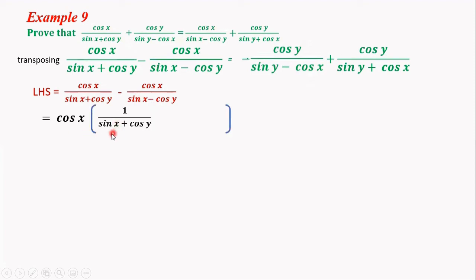In the first term, denominator we have sin x plus cos y, and in the numerator cos x is already there in the common, so we put 1 here. In the second term also, in the denominator, sin x minus cos y, and from numerator the cos x is already there in the common, so here it is 1. Next step, let's take LCM within this bracket.